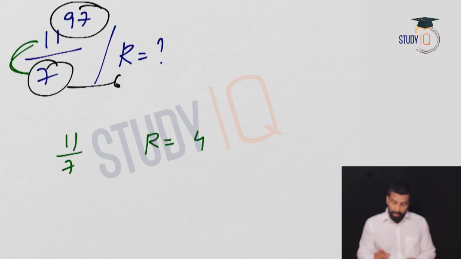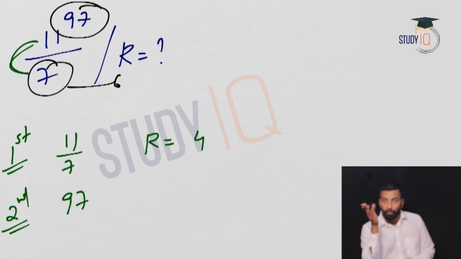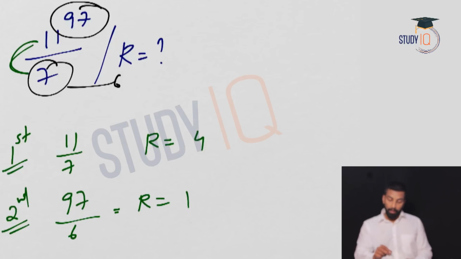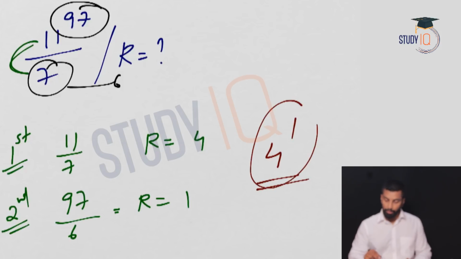That is the first step. Second step, take the power of the numerator, 97, and divide it by the Euler's number of the denominator. We have discussed the logic and concept. So 97 by 6, you get remainder 1. Now your answer will be 4 raised to 1.